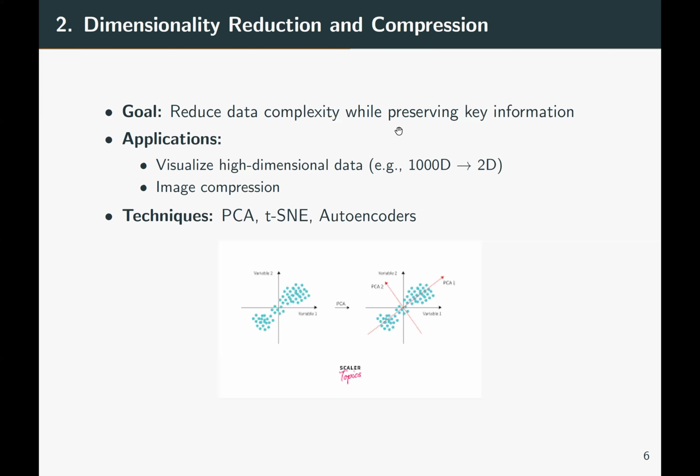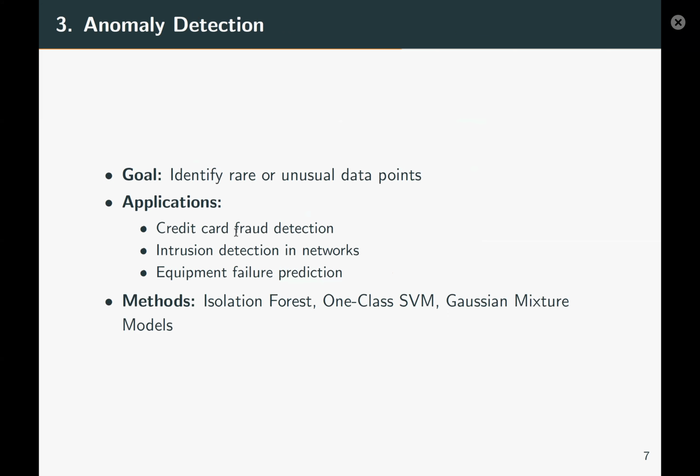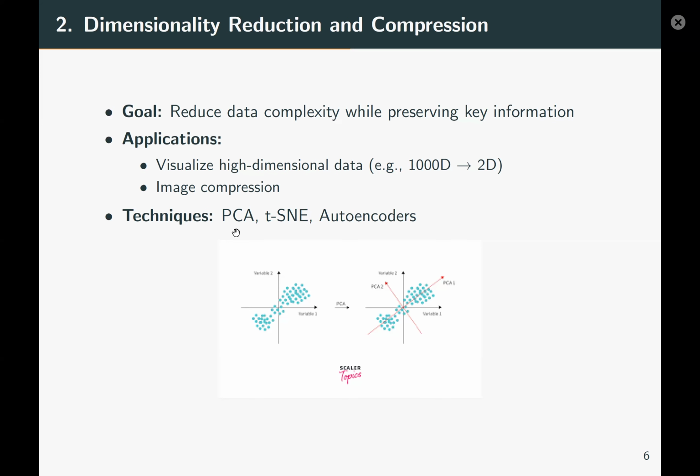Applications include visualizing high dimensional data. If you have 1000 dimensional data, you can view it in 2 dimensions without losing key information, and it's useful in image compression, for instance. Key techniques are PCA, which is principal component analysis, t-SNE, and autoencoders.